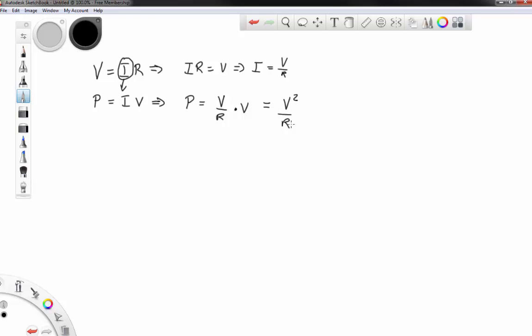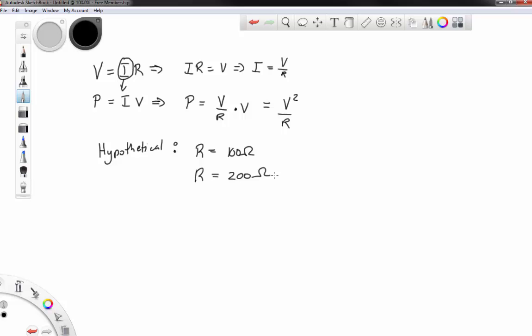So I think we better calculate it explicitly. Let's use 2 hypotheticals. R is equal to, maybe we'll make it 100 ohms, and the other hypothetical is 200 ohms.